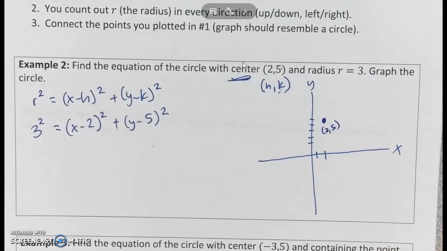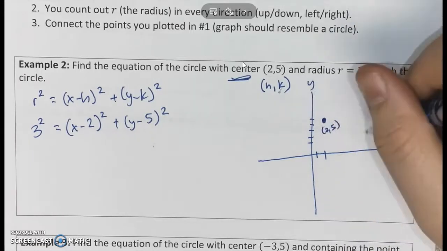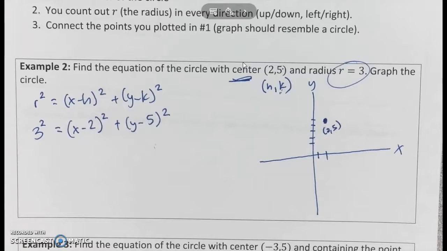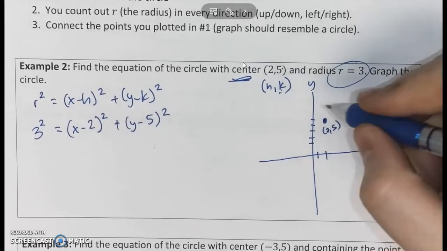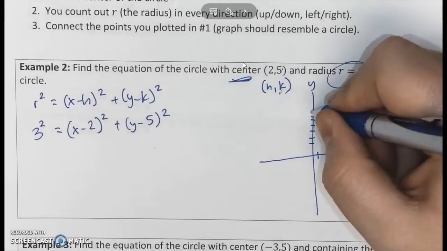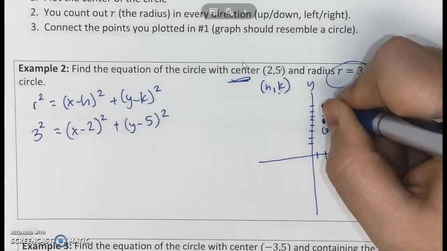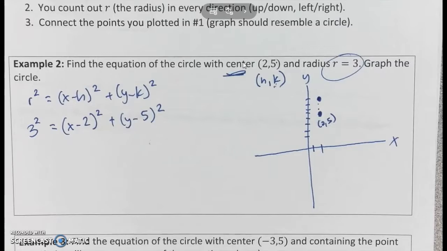So to plot a circle, since every point on a circle is the same distance from the center, if we count up the number of the radius, which in this case is 3, that would correspond to 1 point on the edge of our circle. So you start at the center and you go up 3.